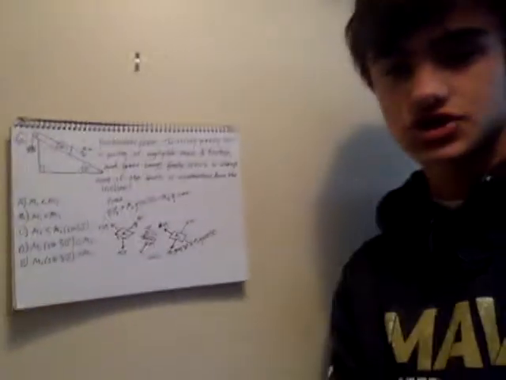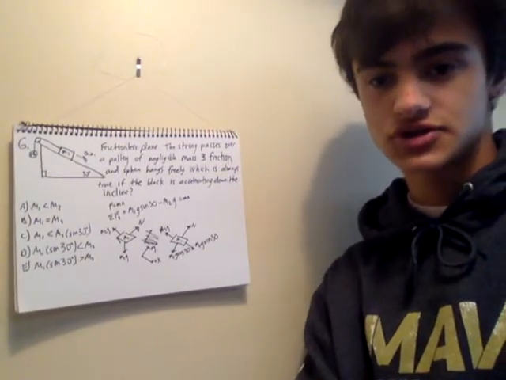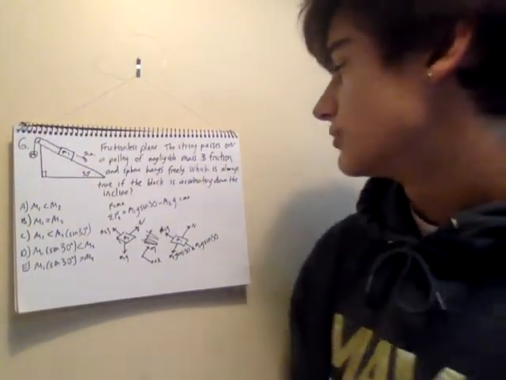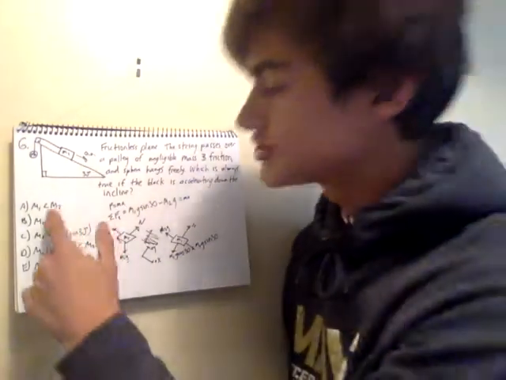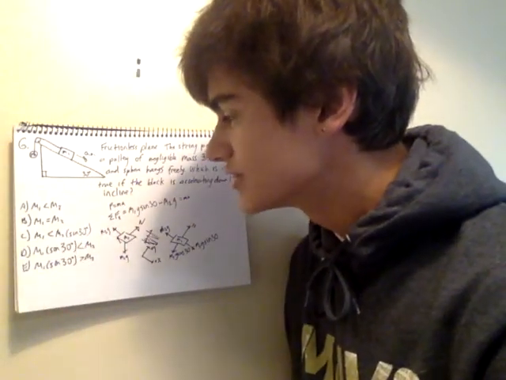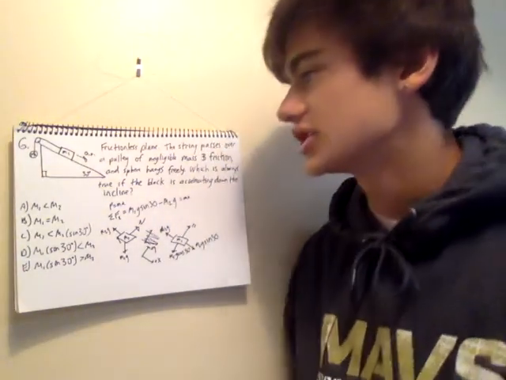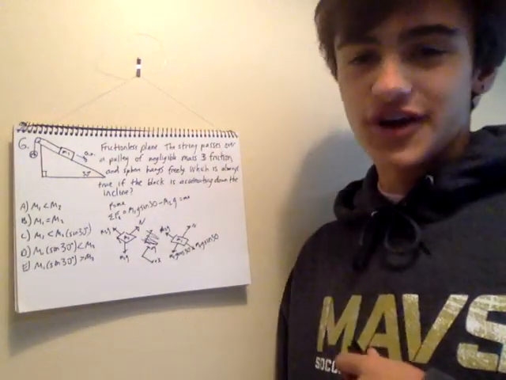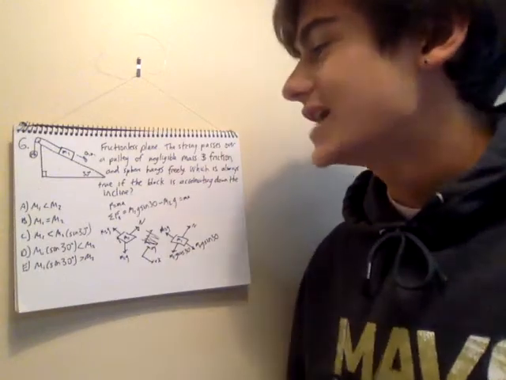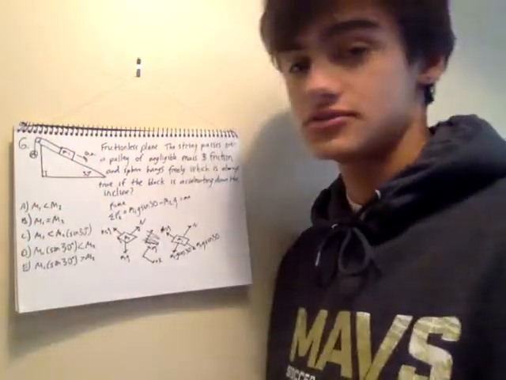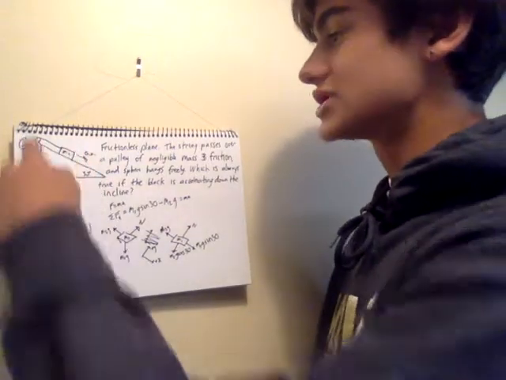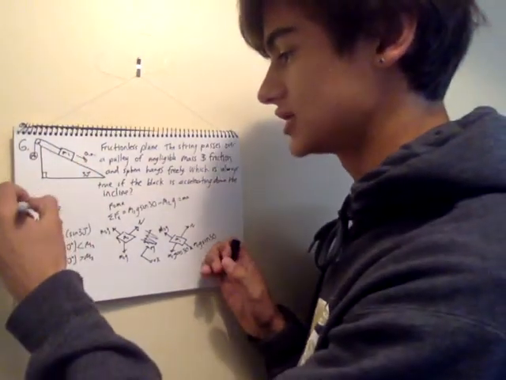Alright, now let's look at the answers to the problem and solve this thing. So, the block is accelerating down the incline. Does mass 2 always have to be greater than mass 1 for it to accelerate down the incline? No, that doesn't make any sense. If mass 2 is greater than mass 1, it would be accelerating up the incline instead of down the incline.